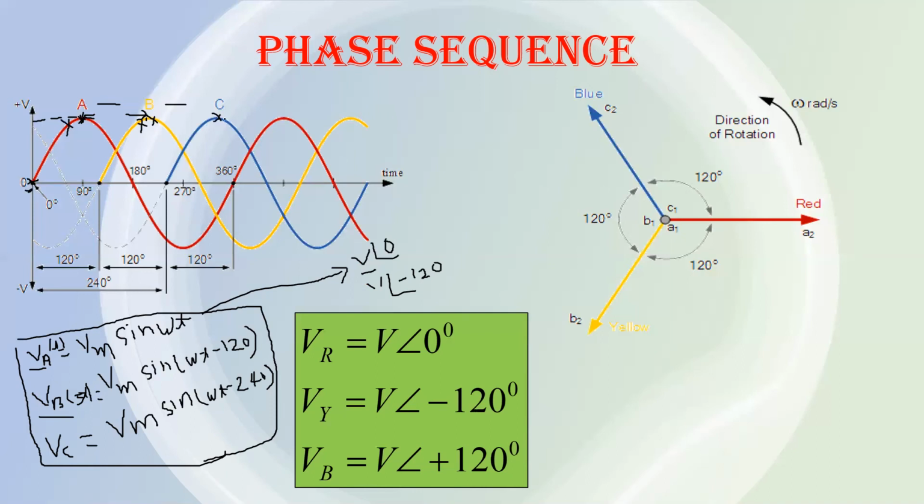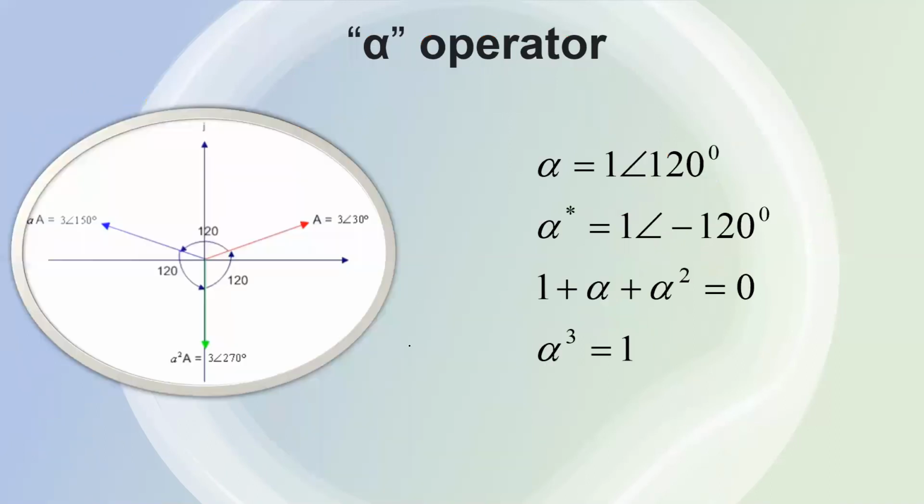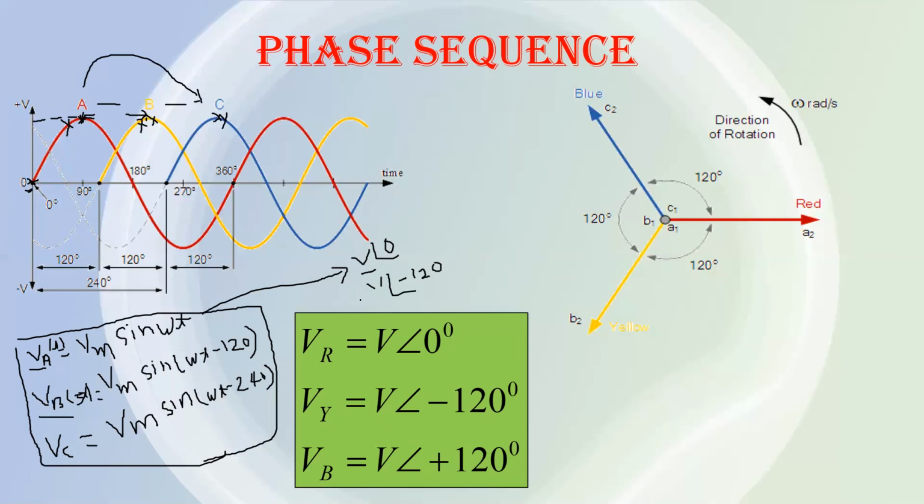Similarly, you can write the voltage equation in polar form or phasor form for phase C. It is lagging phase A by 240 degrees, so you can write the equation of phase C, or phase blue, B for blue, as V angle minus 240 degrees.